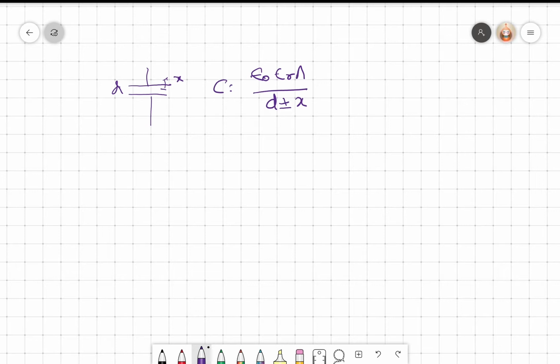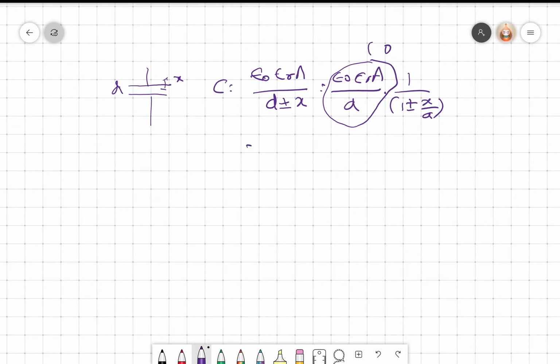So this we can rewrite as epsilon naught epsilon r A divided by d into 1 by 1 plus or minus x by d. So this we put as C naught. So this will be C naught by 1 plus or minus kx, where k is 1 by d.